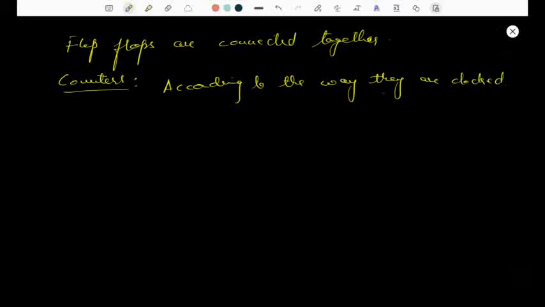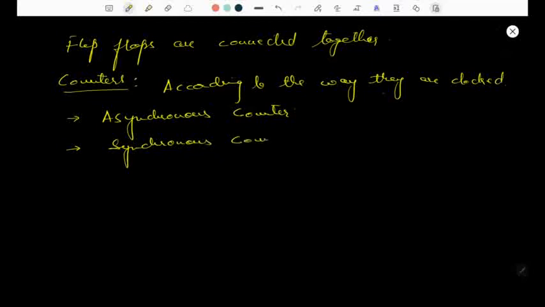And the types are simply, you can say, asynchronous counter, and second is synchronous. So these are the two types of counters we are going to discuss.